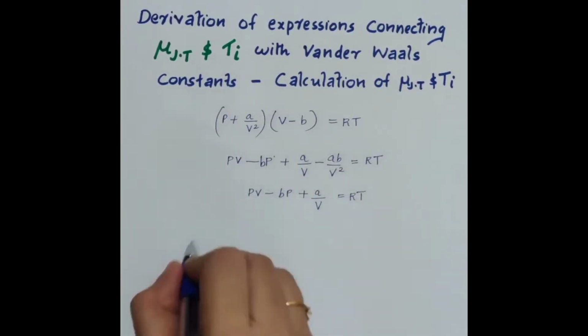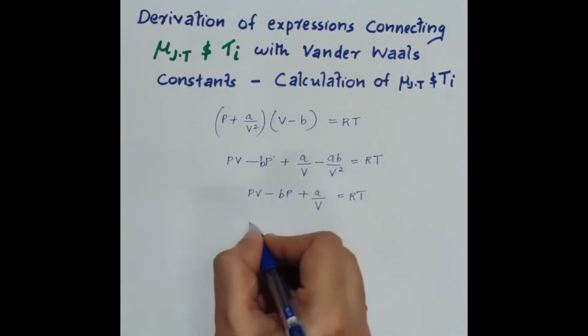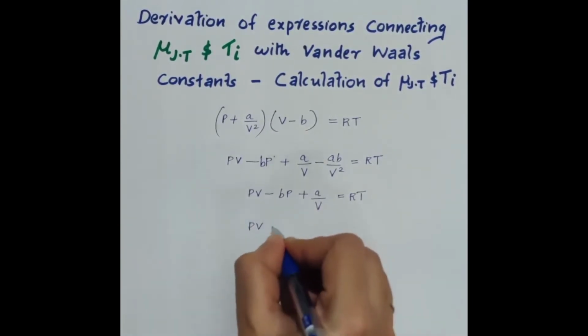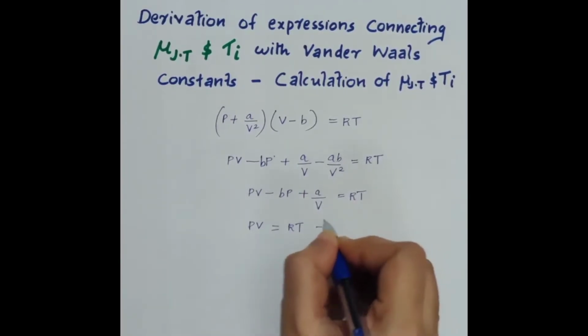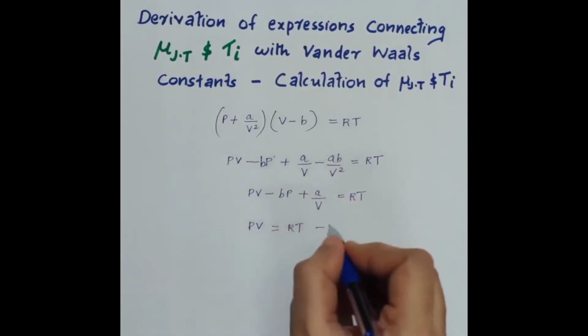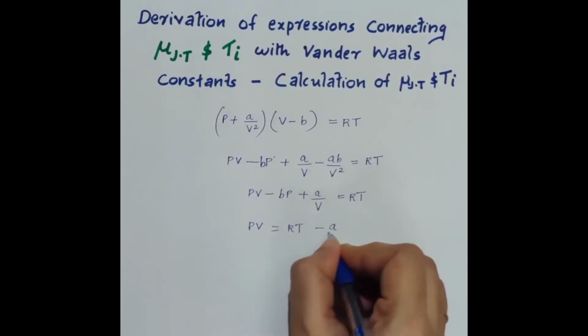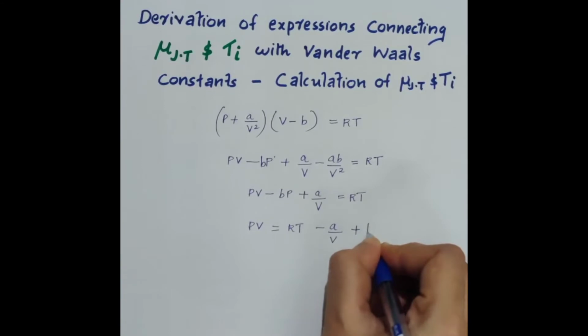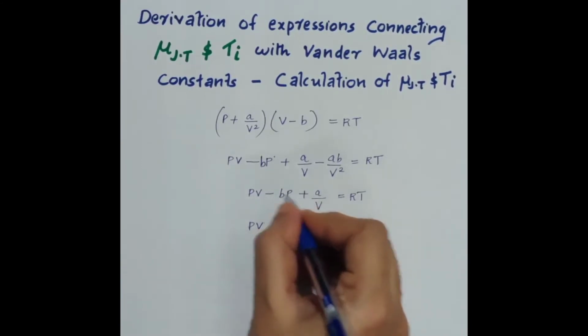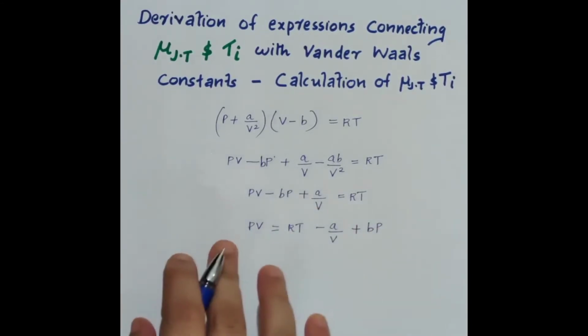You can rearrange this equation and write it as PV = RT − a/V + bP.